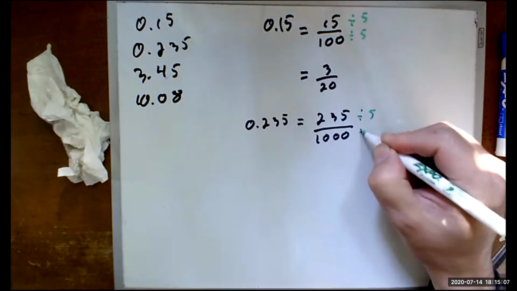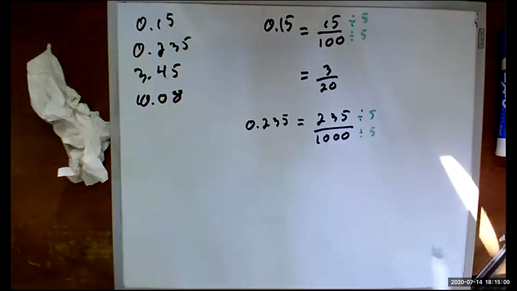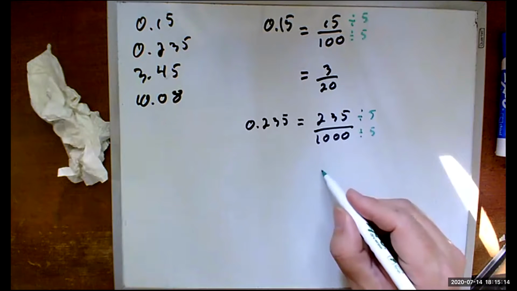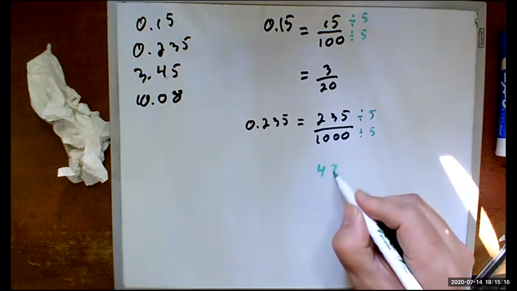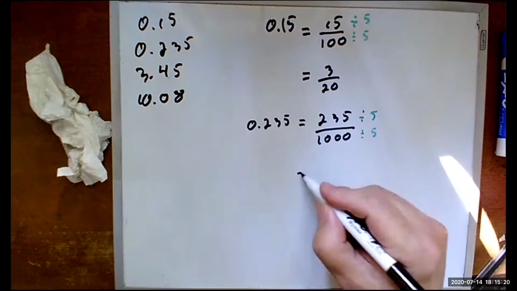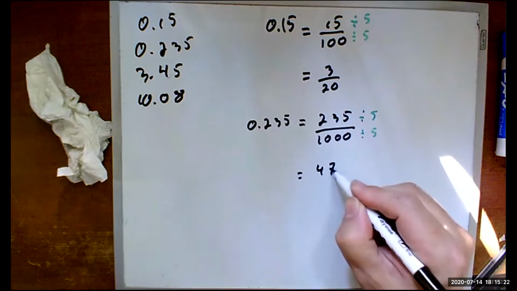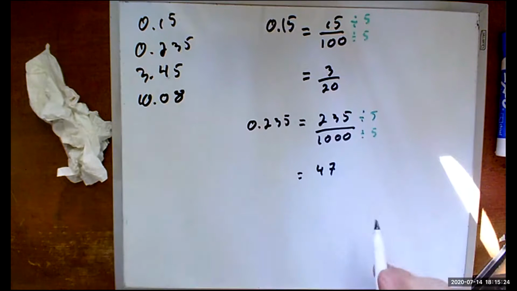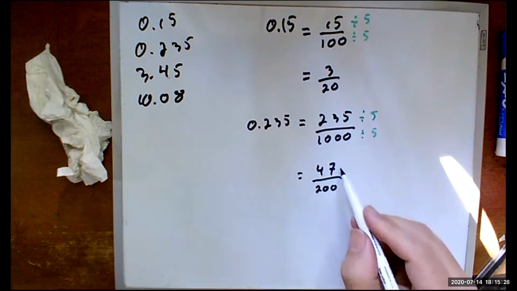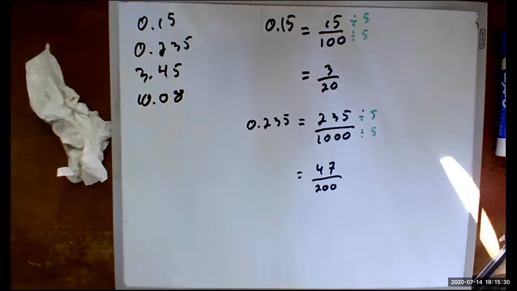Whatever I do to the top, I must also do to the bottom. 235 divided by 5 is 47. 1,000 divided by 5 is 200. And then there's nothing that divides both 47 and 200, so we're done there.